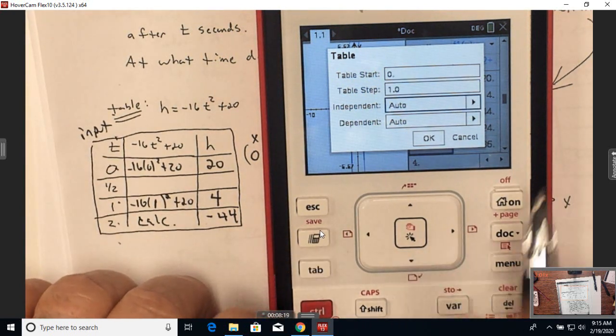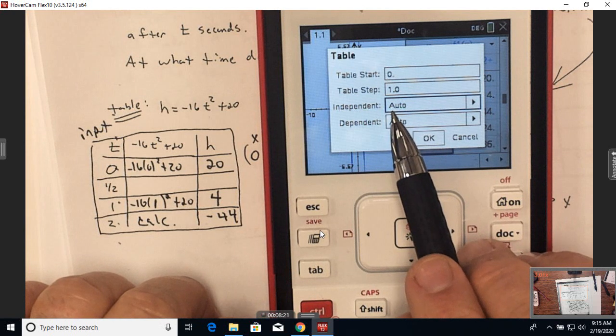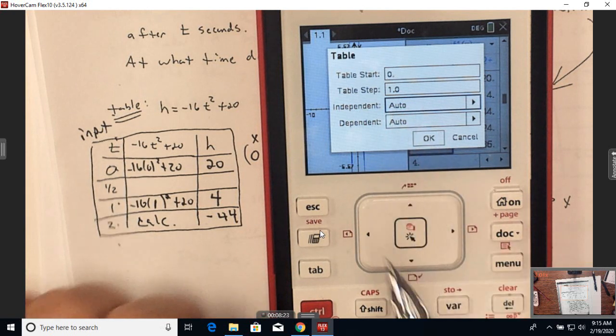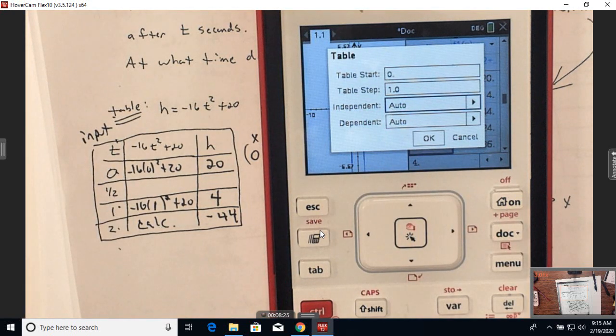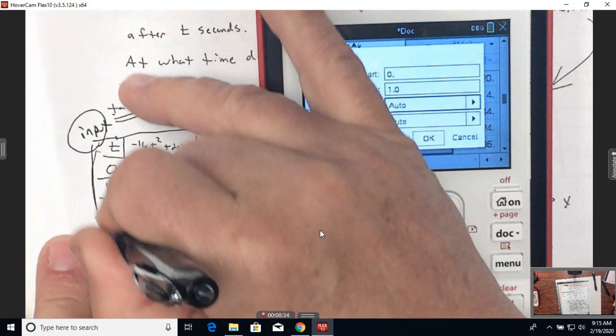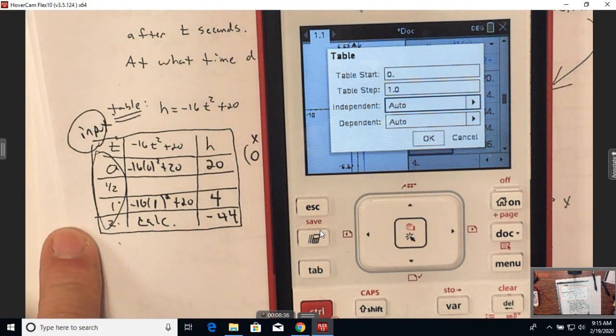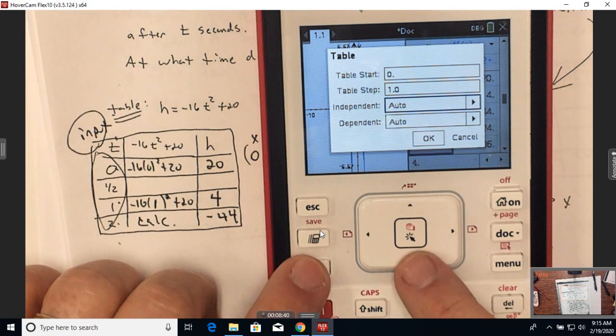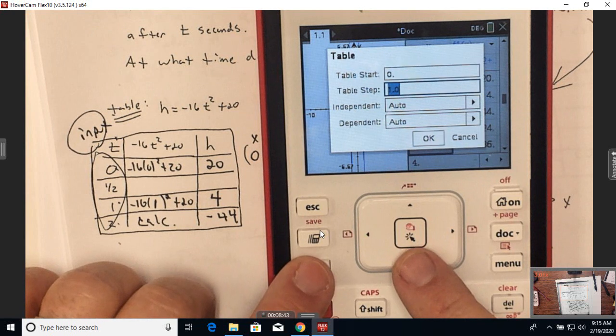I want to tab over to where it says your independent variable. See how that says it's automatically going to produce them? I don't want it to automatically come up with a table. So I'm going to change that auto for my independent variables, which means my input values, my x's in other words. Remember that? The x's of the independent variables. Change that. So we're going to tab over to change that.